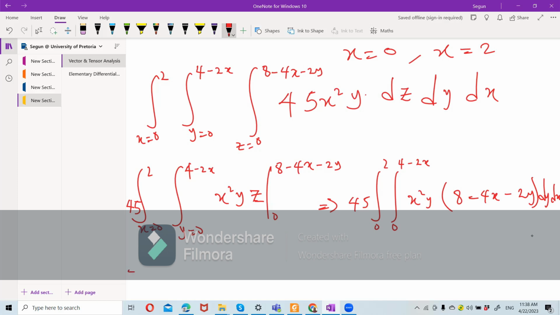So we can also consider by saying 45 integral of 0 to 2, integral 0 to 4 minus 2x. Don't drop it if you know you cannot handle it. Just write your y equals 0 so that you know it's for y. If I open this bracket, I will have 8x squared y minus 4x cubed y minus 2x squared y squared dy dx.